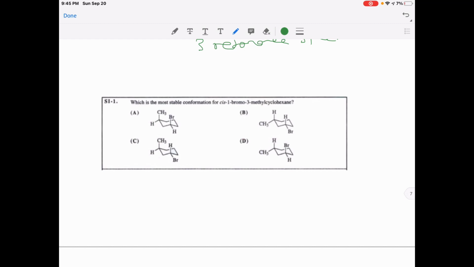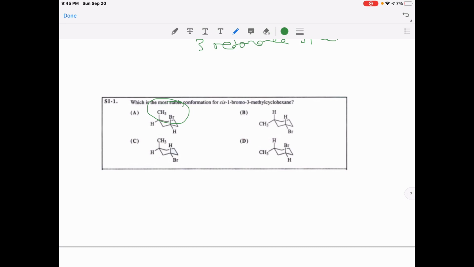So in part A, the methyl group and the bromine group are both in the axial position.